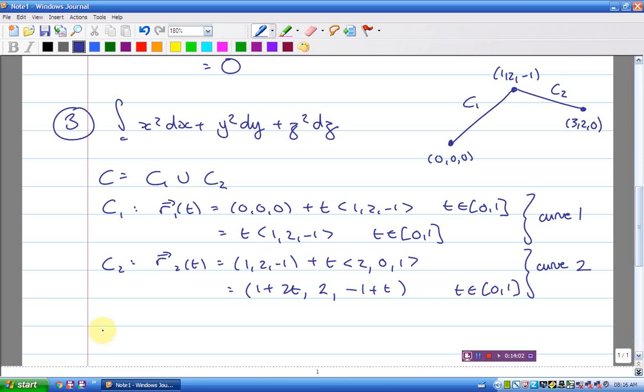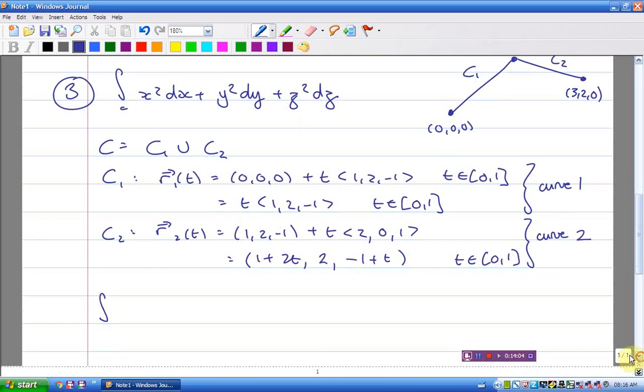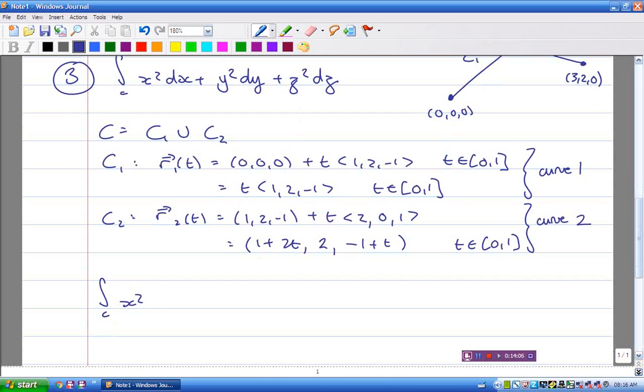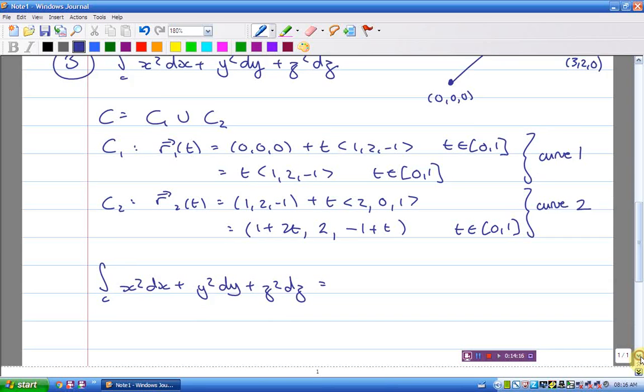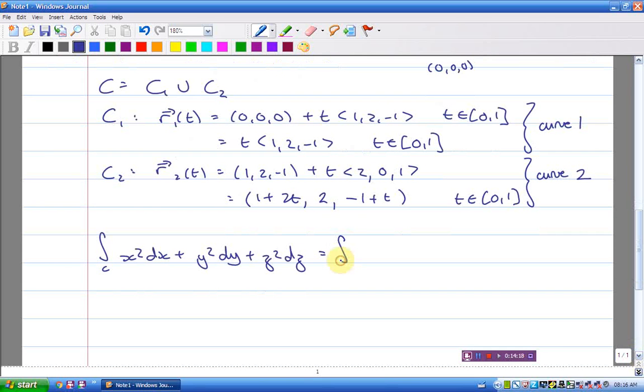All right, so let's actually do the integral, and then you'll see how it all comes together. Equals. Okay, so this is going to be longish, simply because of the two curves. So first of all, for the first curve, I want x squared, which is t.